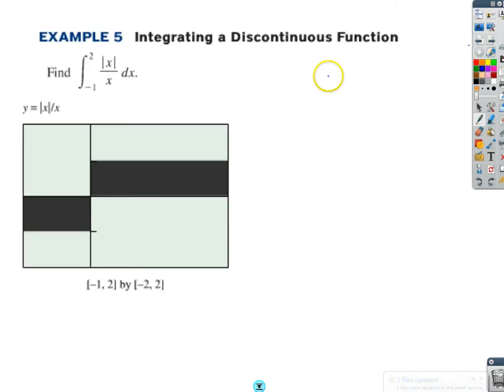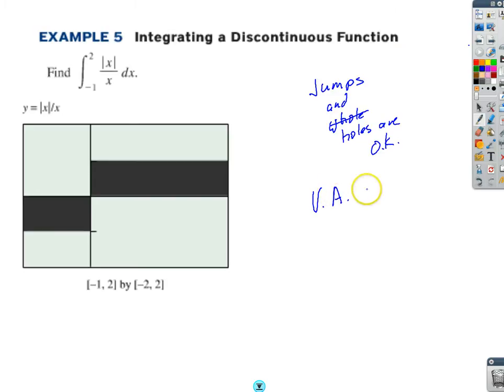So you can say that jumps and holes are okay, but vertical asymptotes are a problem. And it's a problem that in AB calculus we don't have to worry about. The people over in BC calculus do. So in your second semester of calculus, you'll get it.